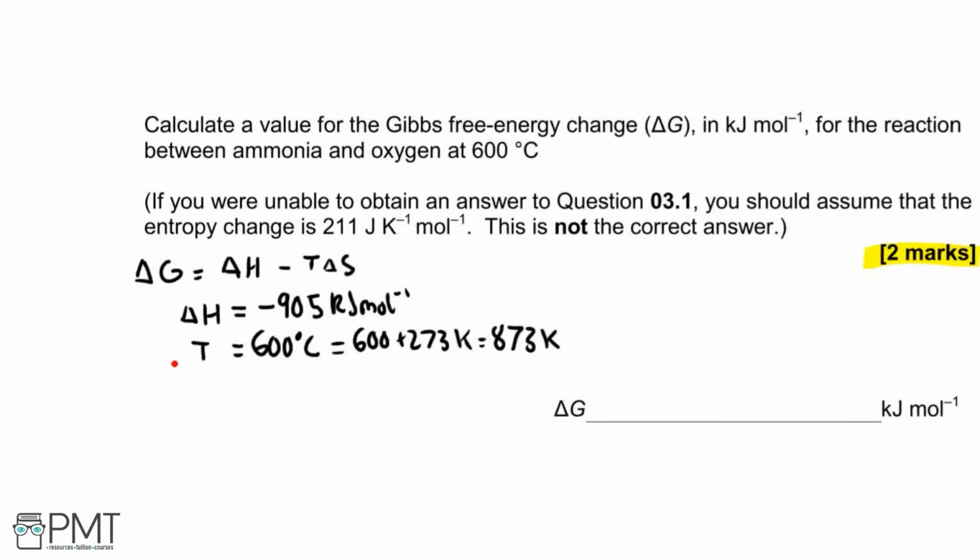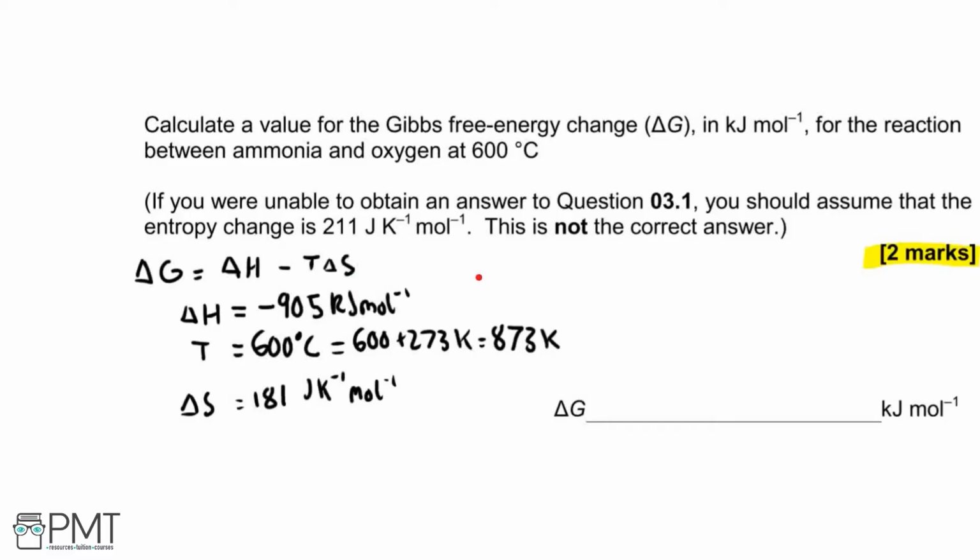So that's temperature calculated. We now need to work out the value of the entropy change, which is what we calculated in 3.1. Delta S was equal to 181 joules per Kelvin per mole.